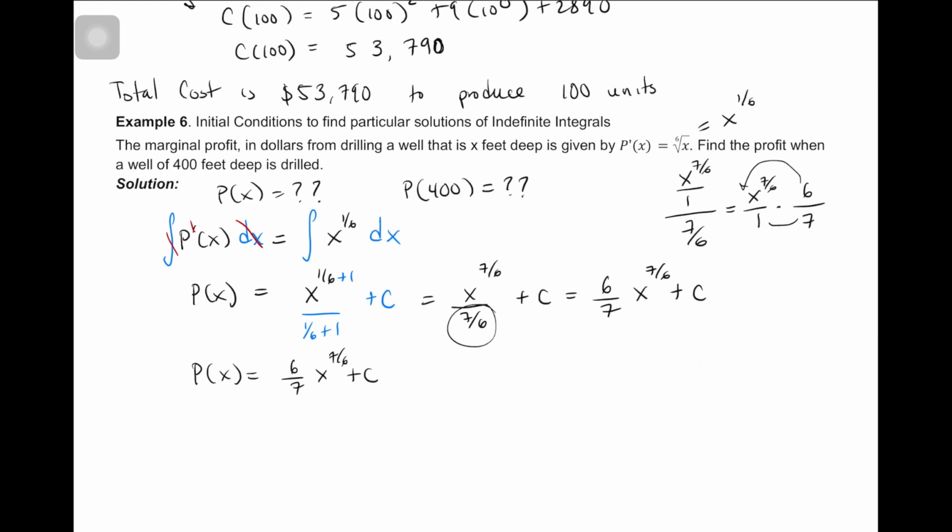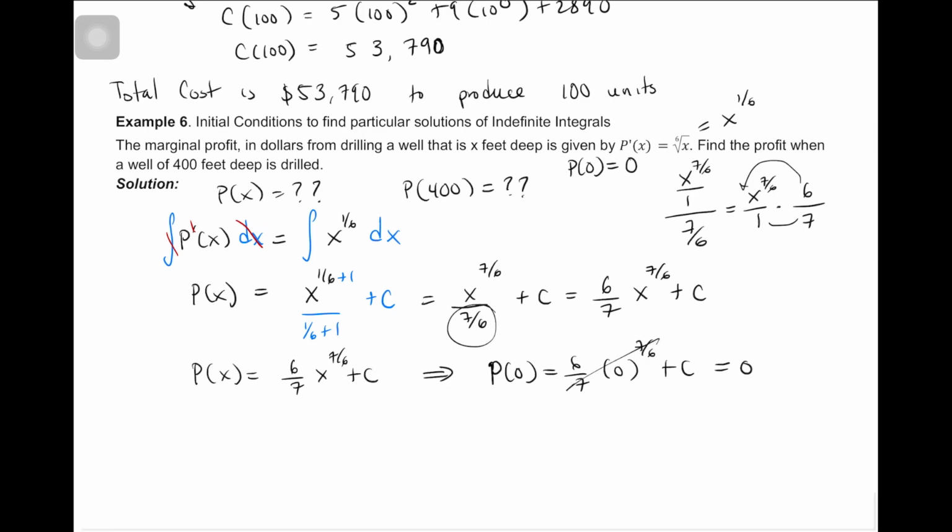So that's the assumption we want to make: drilling 0 feet should be 0 profit. So we're going to say p of 0, replacing every x with 0, should equal 0.